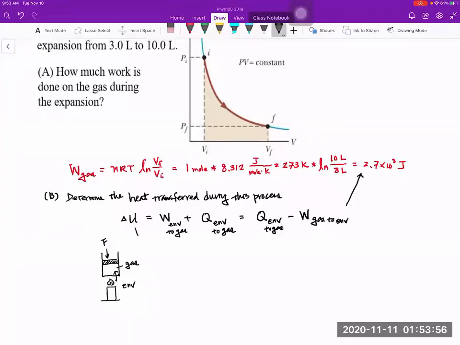Now, this change of U is the change of internal energy. This change of U depends on the temperature. If you don't have any temperature change, then this will be equal to 0.